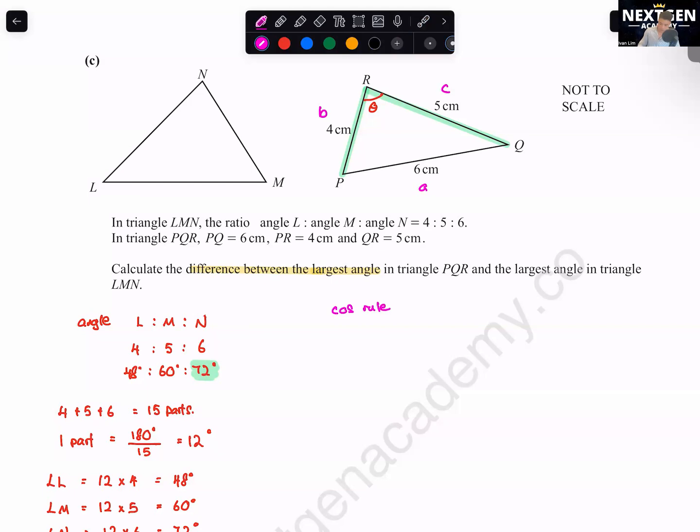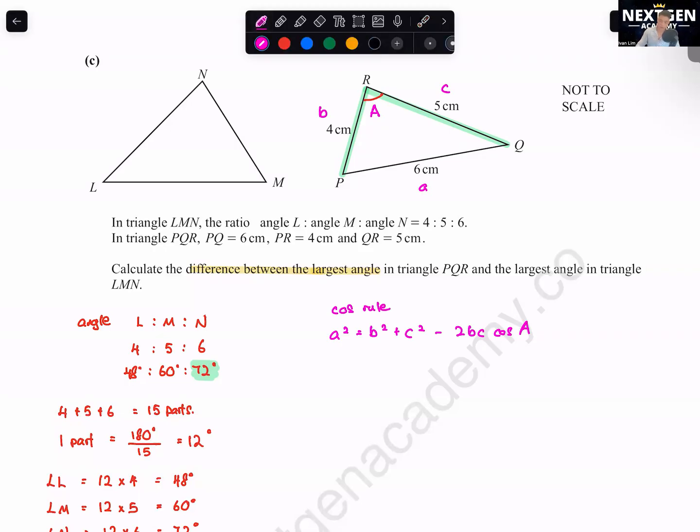The formula is A square equals B square plus C square minus 2BC cos A. Why not sine rule? Because you don't have enough information. For sine rule, you need 2 angles and 2 sides. It depends on what information is given to you, but you have to remember that.